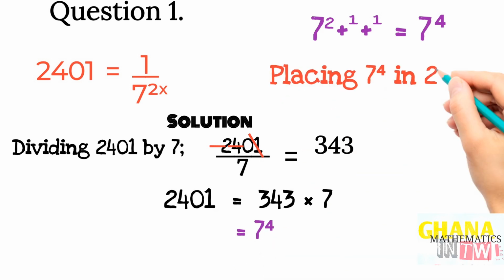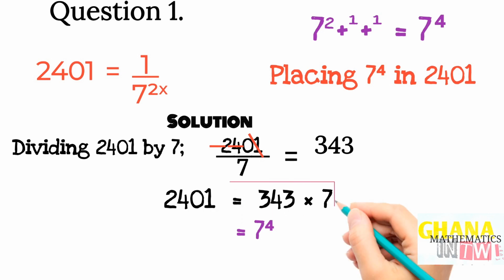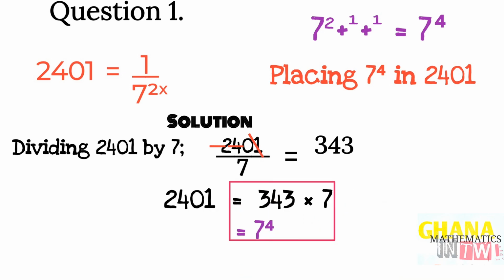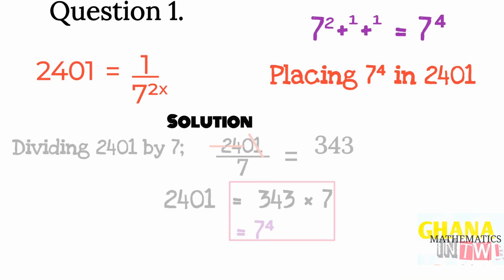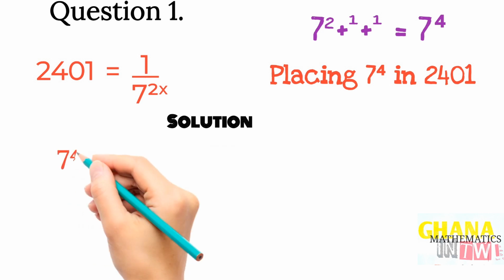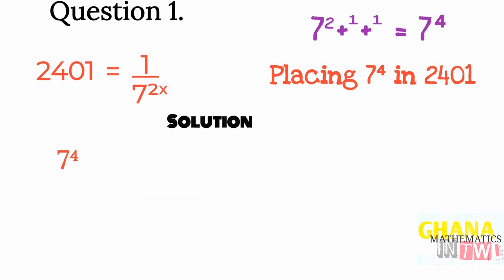I now have the audacity to place 7 raised to the power 4 in place of 2401. The bases are the same. The base is 7, and 7 is that base. So 7 raised to the power 4 replaces the 2401.